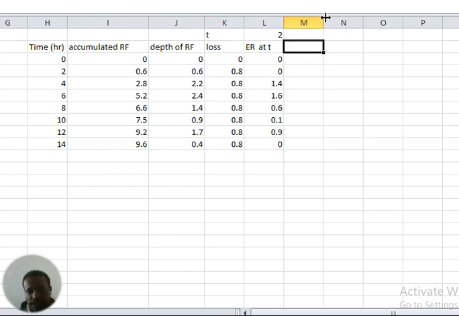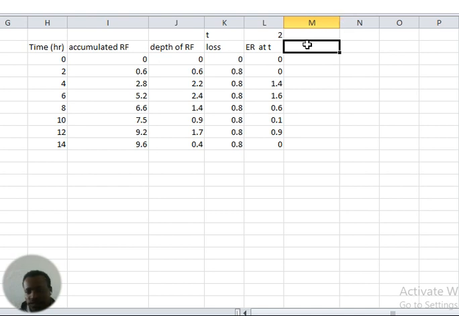After determining the effective rainfall, we can estimate the intensity of rainfall. So the intensity is equal to the effective rainfall over time, or change in t. Then this over change in t, which is 2 hours.